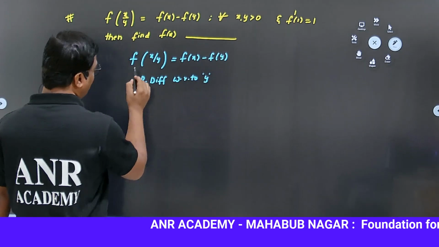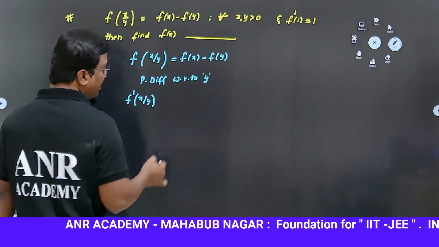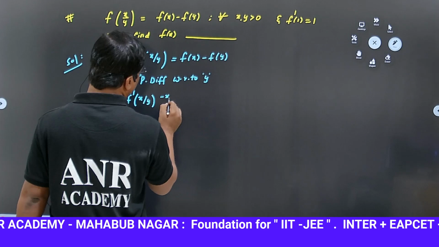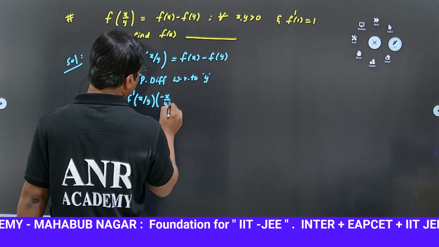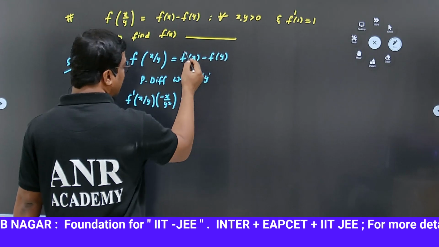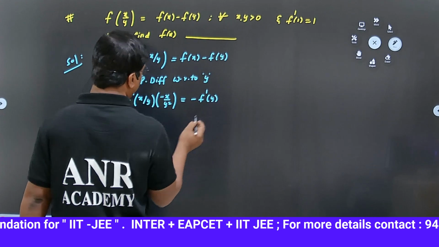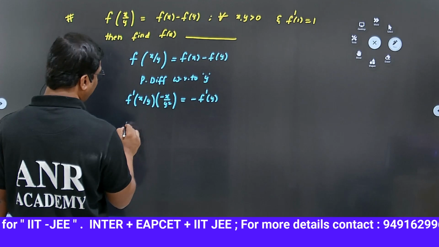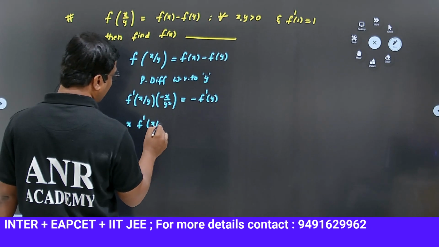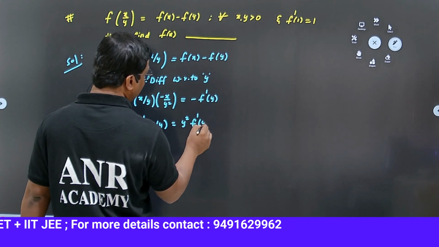Then what we get? It is f dash of x by y, the derivative with respect to y minus x by y square. Next, since x is constant, its derivative is 0 and it is minus f dash of y. Neglecting the negative sign, what we get? x into f dash of x by y equal to y square into f dash of y.